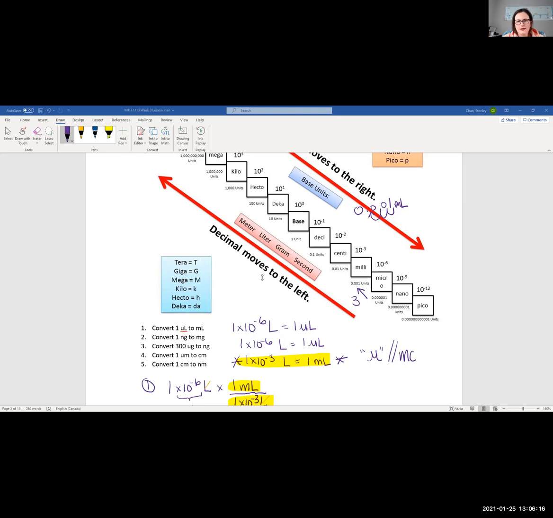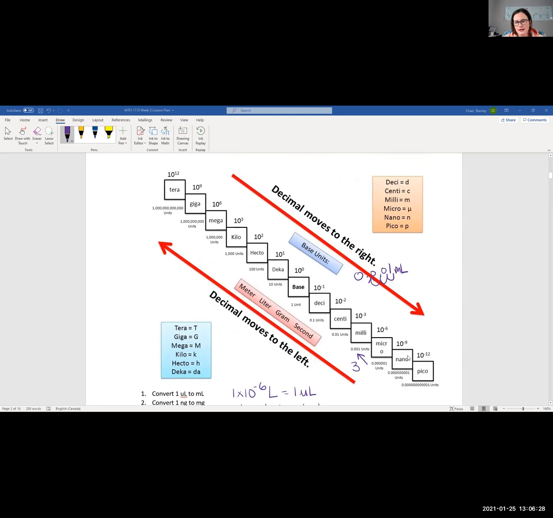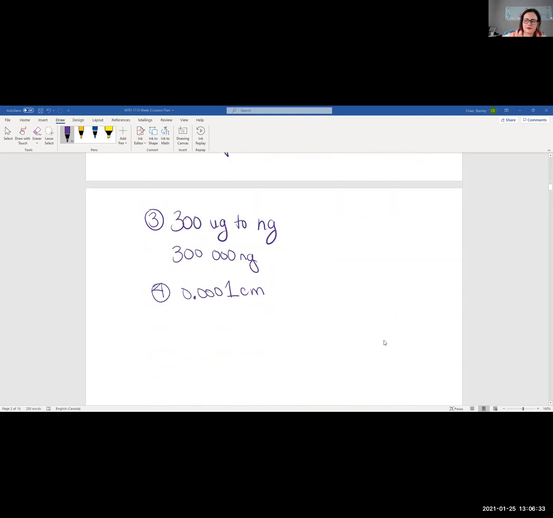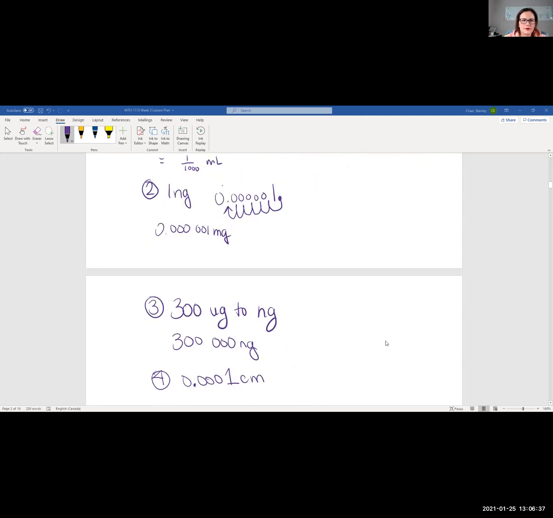And Sandy and Ryan are saying 7, that's right. So the way that we got 7 was negative 9 minus negative 2 equals negative 7. And the decimal will be moving to the right 7 spaces. So that's 1 followed by 7 zeros.